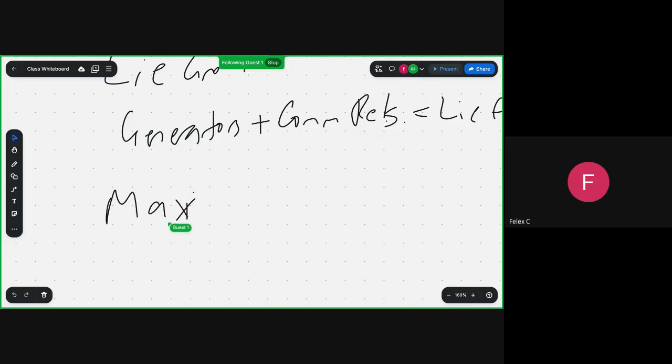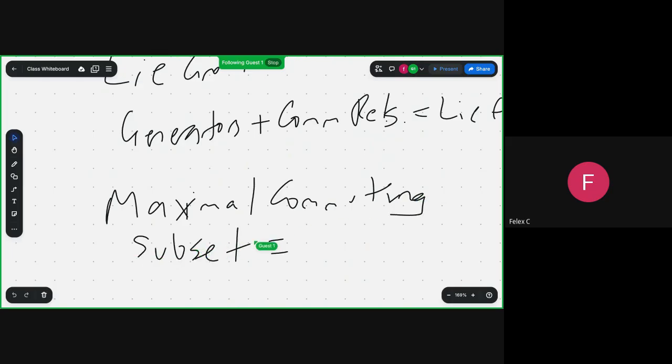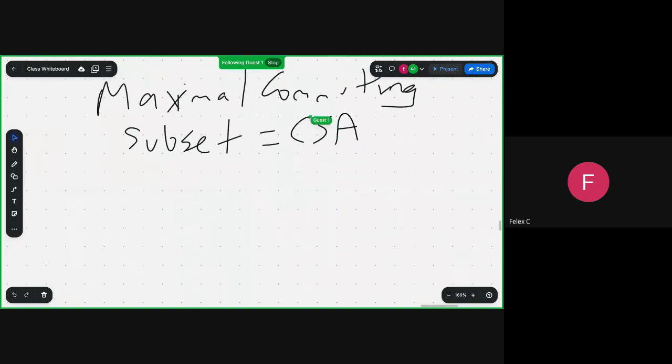Maximal commuting subset is equal to Cartan Sub-Algebra. Call it CSA here. Now suppose that this CSA has 20 generators, just to make it concrete.